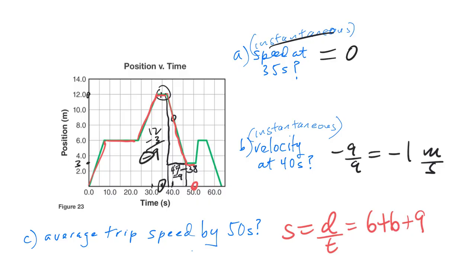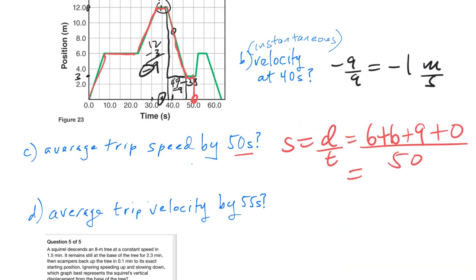Oh wait, so I'm only going to 50 seconds, so that would be right here. So it's still plus 0 over the total time of 50. I get 0.42 meters per second.